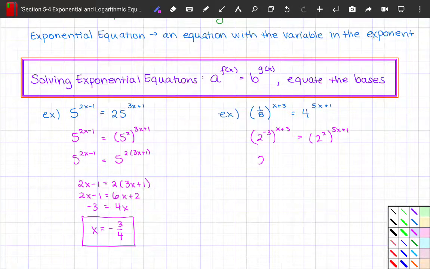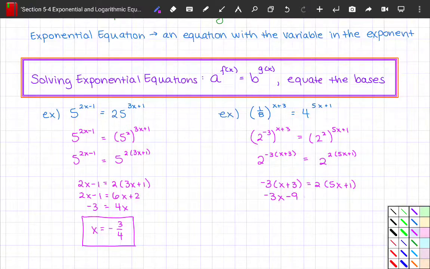We multiply our exponents. And now we can see 2 to the power of something equals 2 to the power of something. Oh, those things have to be equal. And so we can equate the exponents. And then again, it's easy.